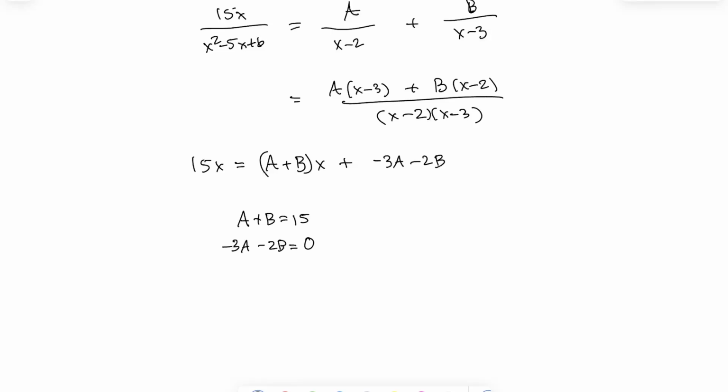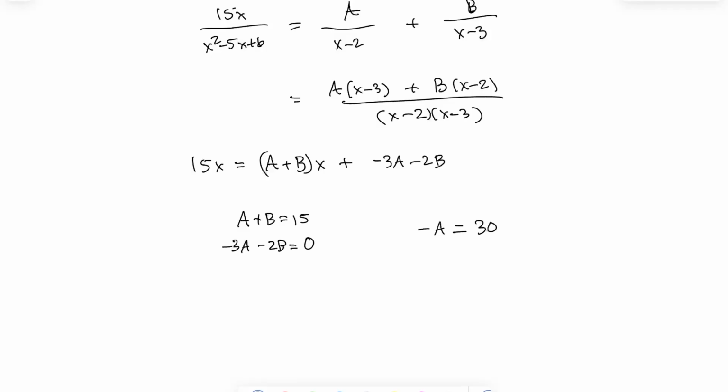Yeah, great. Okay, and then solve the system by whatever means you like. How about if I add 2 times the first equation to the second one? It will cancel the b's. Adding 2 times the first equation to the second one, that will say negative a, no b's, and then equals 30. I think that's what you'll get if you do 2 times the first one plus the second one.